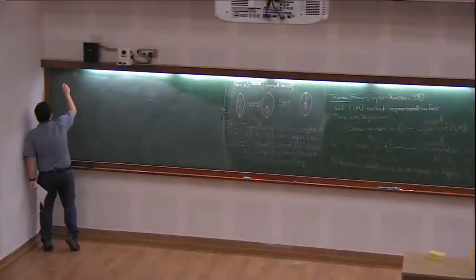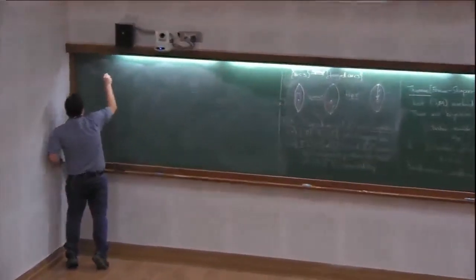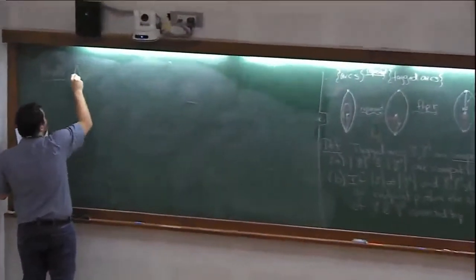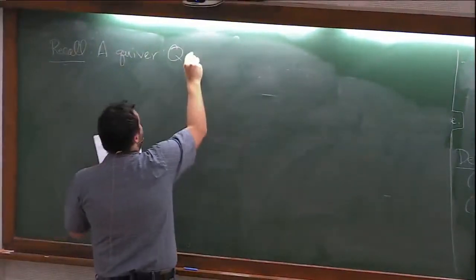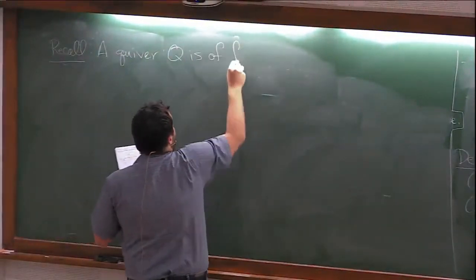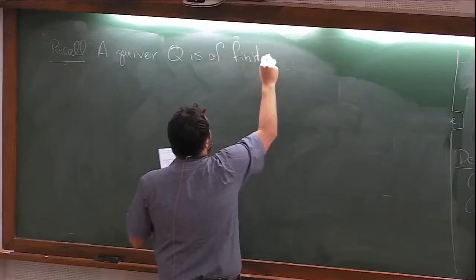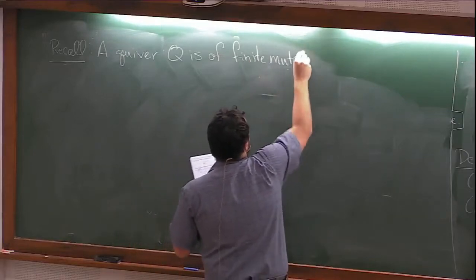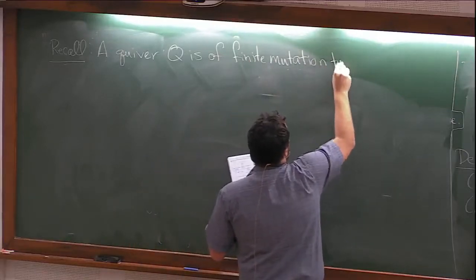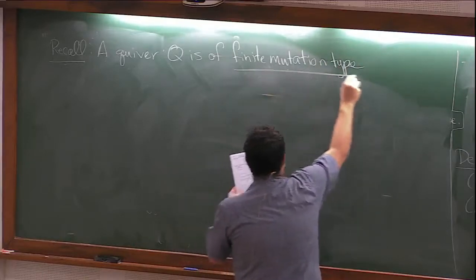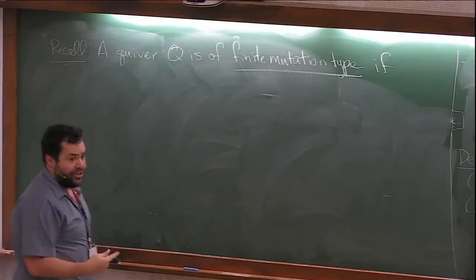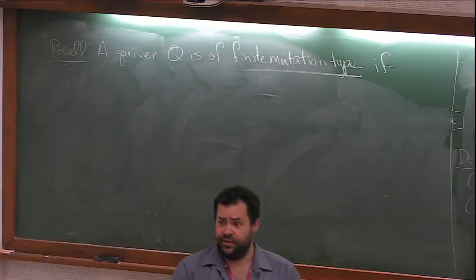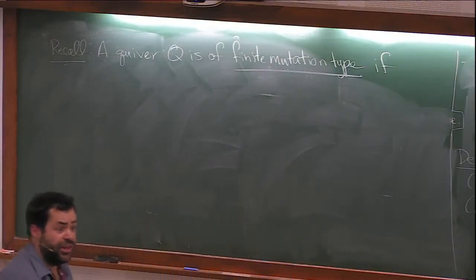Recall that a quiver Q is called finite mutation type if there are finitely many quivers that I can get by applying mutations. So there are finitely many quivers mutation equivalent to it.